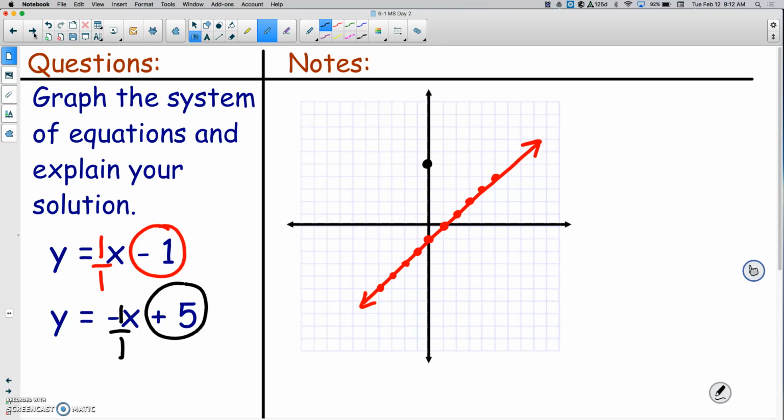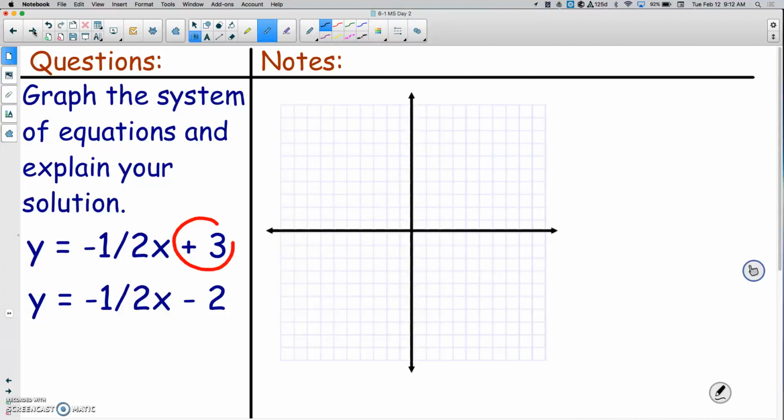So that means that I'm going to go down 1 over 1 to the right, and there's where they cross. So they are intersecting with one solution, and the solution this time is the ordered pair. I would go to the right 3 and then up 2. So 3, 2.